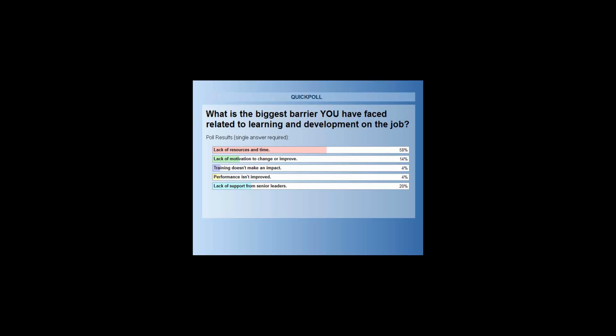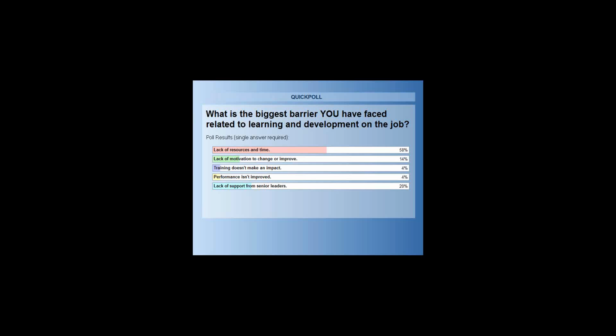Yeah, no, I would say the highest it's been is probably maybe the upper 30s, like 38%. Last time we did this, the second highest was training doesn't make an impact, which I was personally surprised by, but you weren't. It varies from audience to audience, so it's definitely interesting.